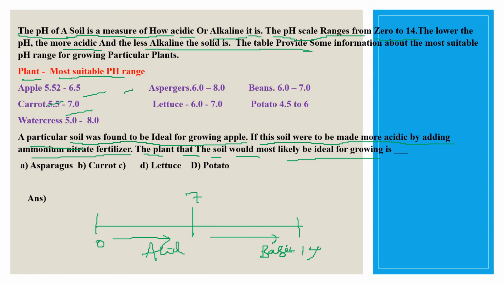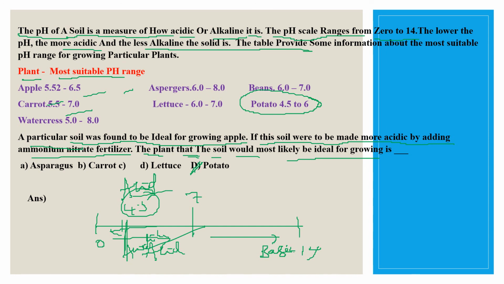So indirectly he is asking, among these, only potato is 4.5, so it is more acidic in nature. So we can say potato is the right answer, because it has the lowest pH value. If the pH value is very low, it is more acidic in nature.